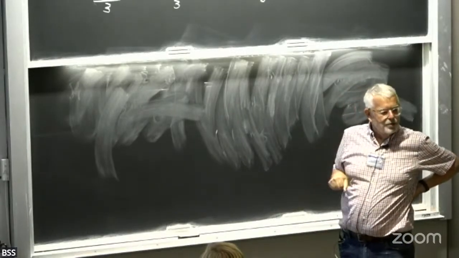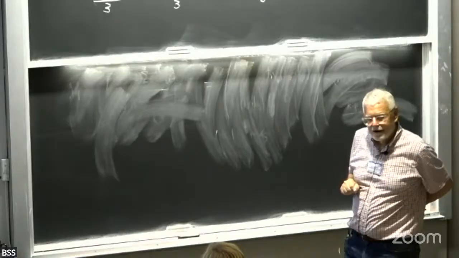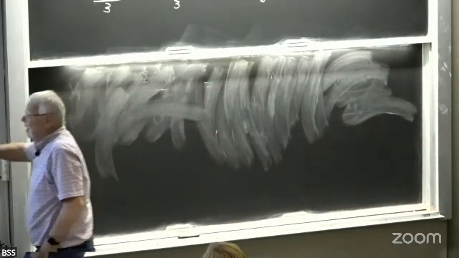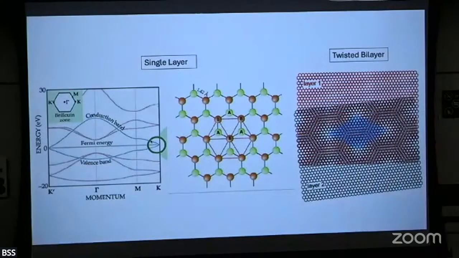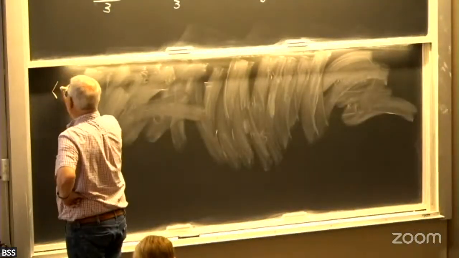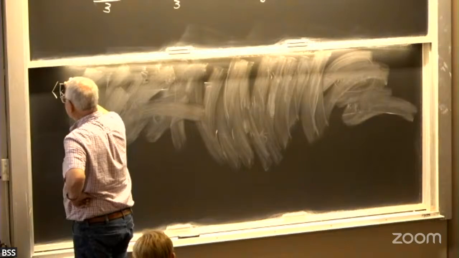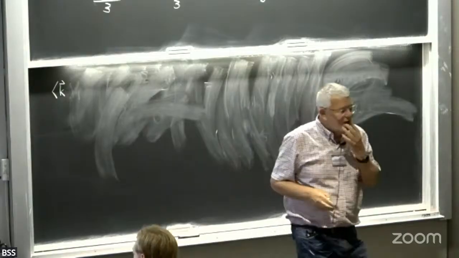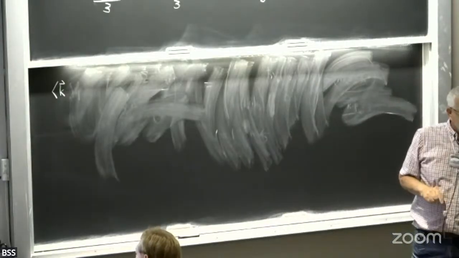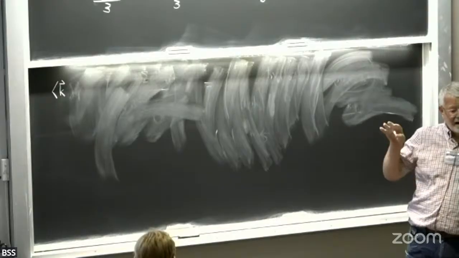So now we're back to single particle physics, and we want to take account of how these two layers influence each other when they have a finite twist angle. So let me try to calculate the matrix element between a state K, and imagine I'm using a pi orbital tight binding model with 2 sublattices.